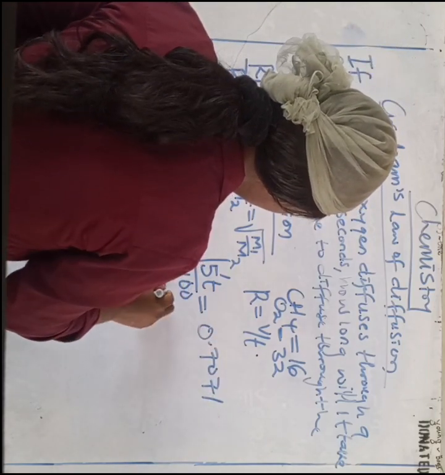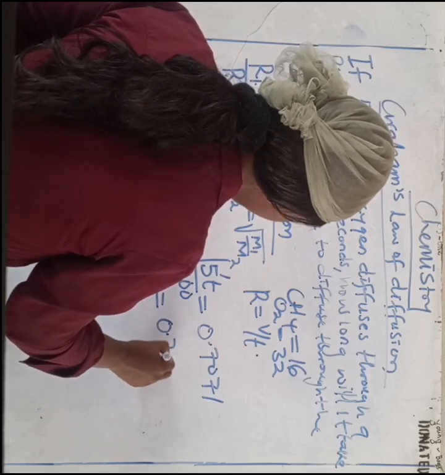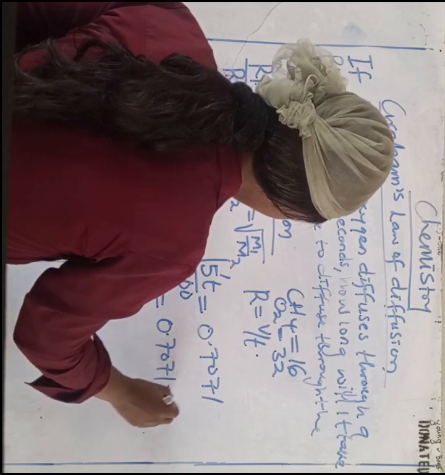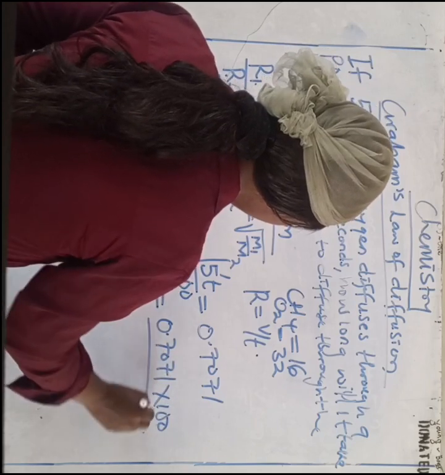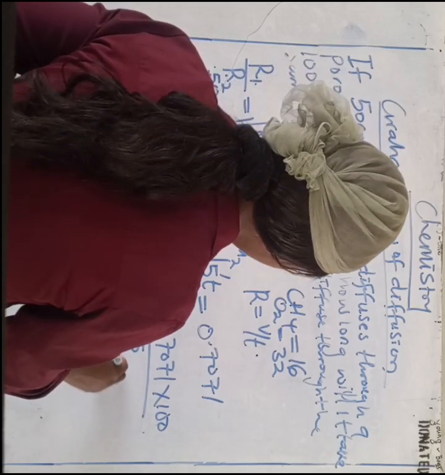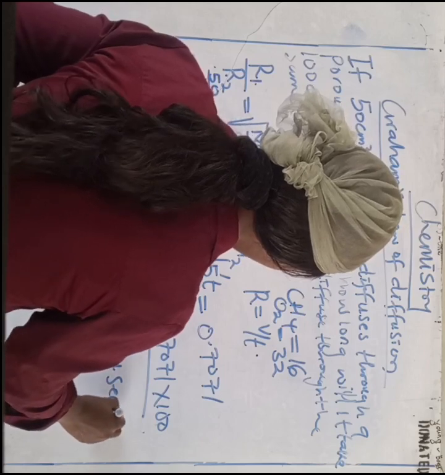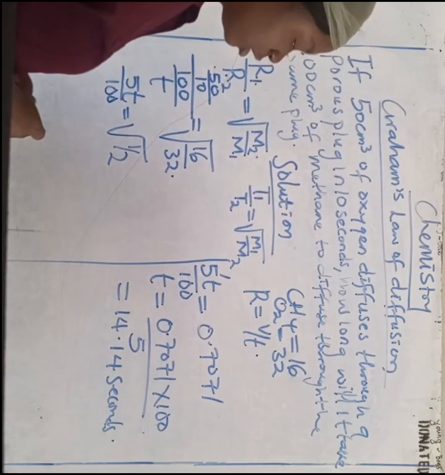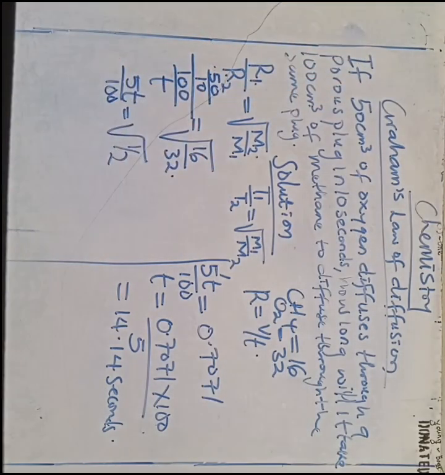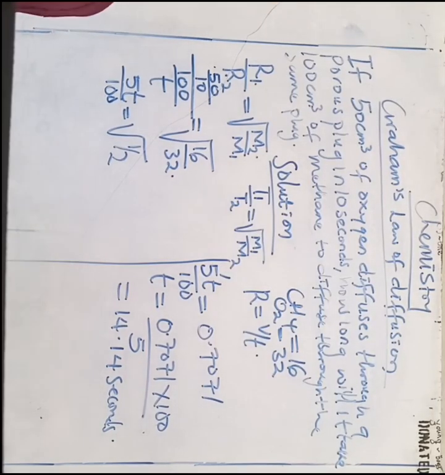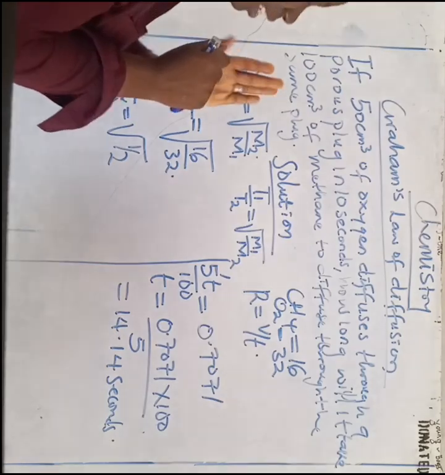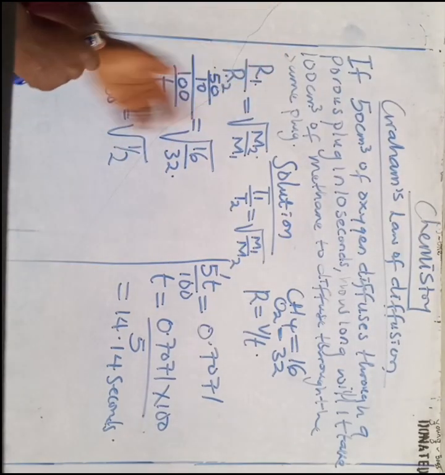So my t is 0.7071 multiplied by 10 divided by 5, which will give me 1.414 seconds. So always remember to write your unit whenever you are calculating. We have been able to solve for the time. How long? It's going to take 1.414 seconds to diffuse methane through the same porous plug.